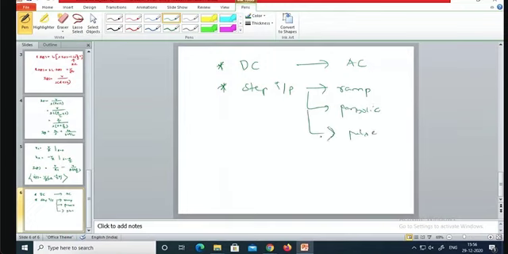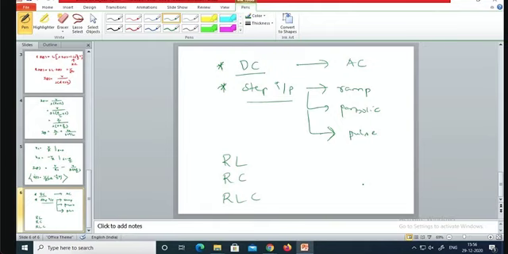So these three inputs you can extend it analysis. So I'm restricting myself to DC input and step input. And I have explained for a series RL circuit, you can extend it for a series RC circuit and RLC circuit.